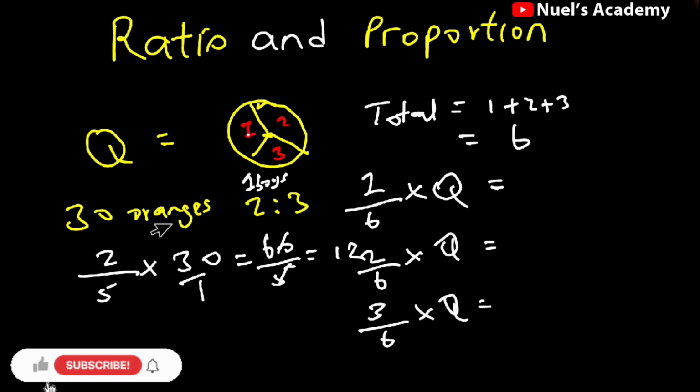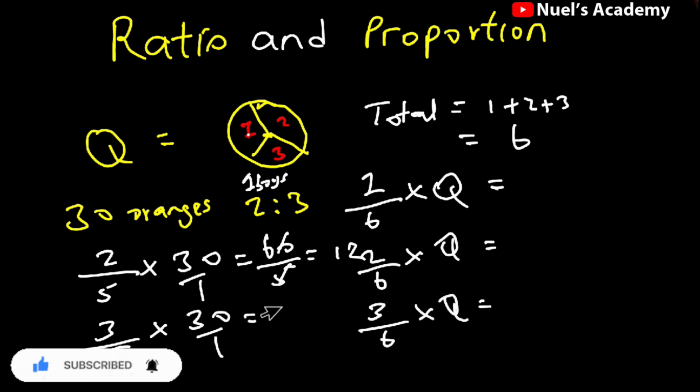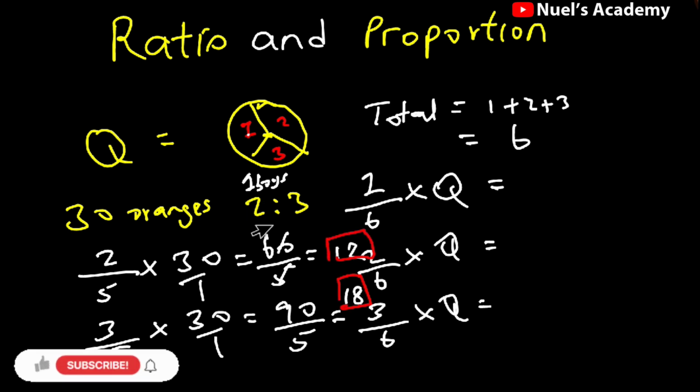Then the number of oranges that the second boy collected is 3/5 multiplied by 30/1, which is equal to 3 times 30 is 90/5, which is equal to 18. So this boy with the ratio of 3 collected 18 oranges, whereas this boy with the ratio of 2 collected 12 oranges. If you add 12 plus 18, you see that it will be equal to 30. So that is how you know that your answer is correct.